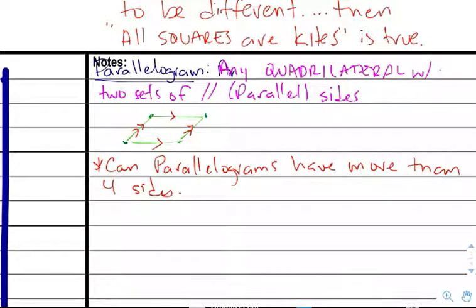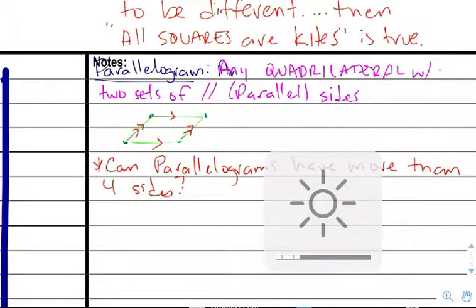The reason I'm posing this as a question rather than a statement is because it's still up for debate. It's an open discussion in the math community. Can parallelograms describe something like a hexagon? Can it describe an octagon? I'll help you try to answer this question as we talk about the properties in the second part of this video. But for right now, let's just keep it posed as a question and continue on.